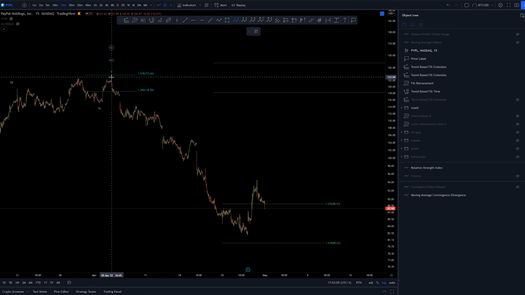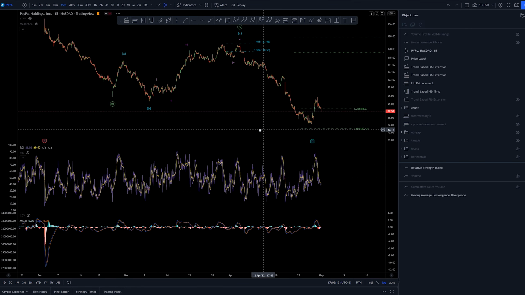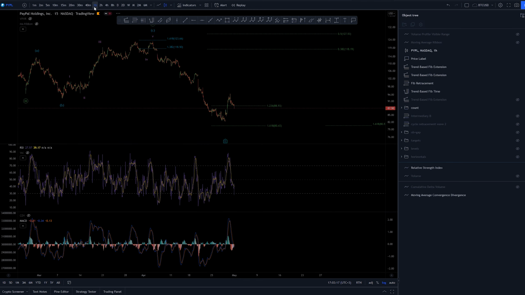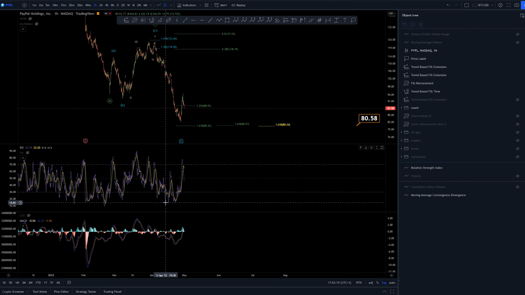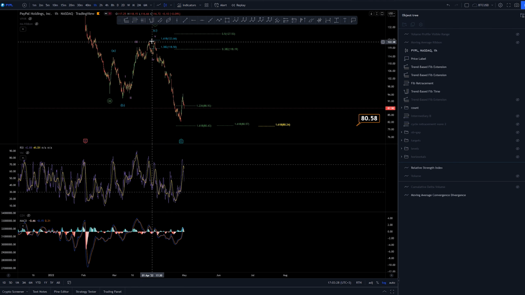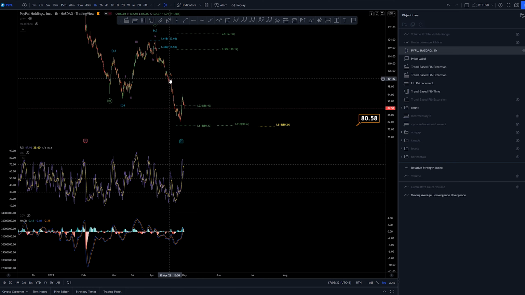So from here we would expect 5 waves. Let's check out RSI. RSI lows, maybe 1 hour probably here. This would be the lowest point here. Could be 1, 2, 3, 4, 5.